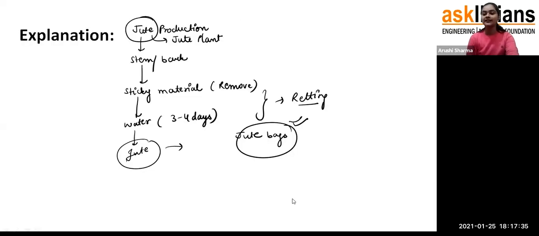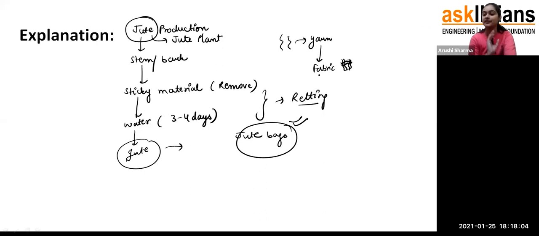So my dear students, in this class we have seen how we produce cotton and how we produce jute. First of all you should know that a fiber is a thread-like structure, and then we convert the fibers into yarn by combining them, and from the yarn we get the fabric, which is a complete sheet that we use for clothing.